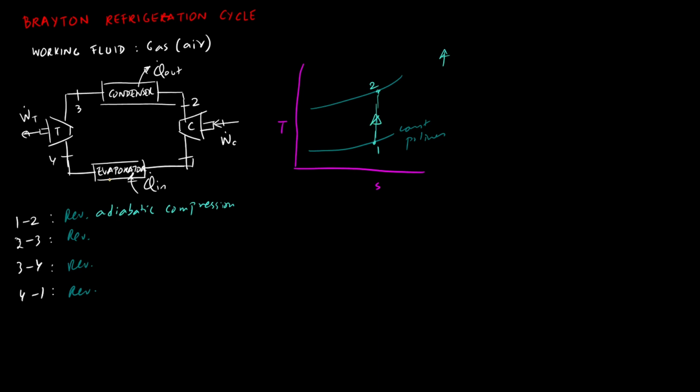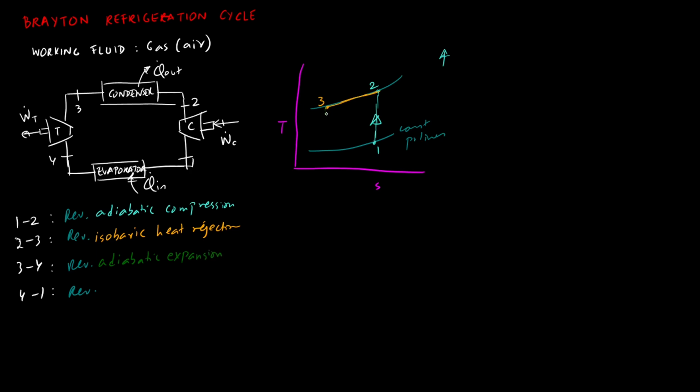And then process 2 to 3 is reversible, and it's going to be at constant pressure, so it's isobaric, and it's going to be heat rejection. So that's going to be on this constant pressure line until we arrive at state 3. And 3 to 4 is again going to be an isentropic process, and that means it's going to be a reversible adiabatic, but this time because it's within the turbine, it's going to be expansion that's taking place.